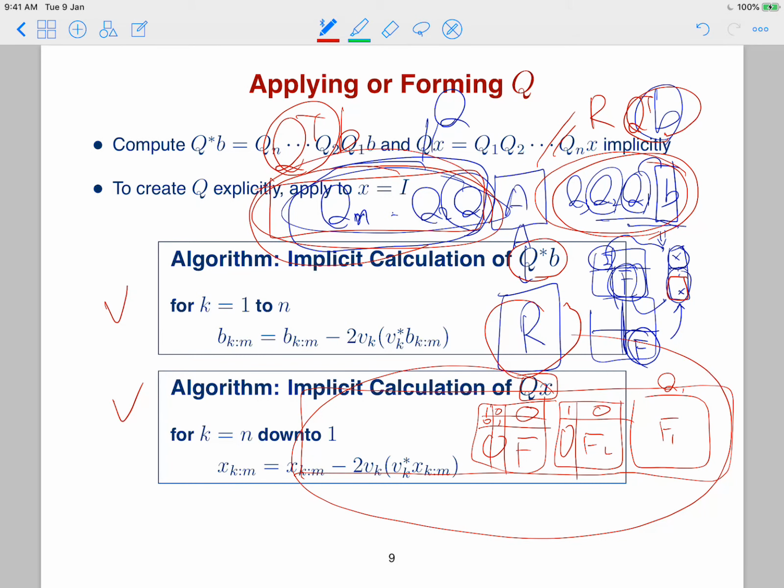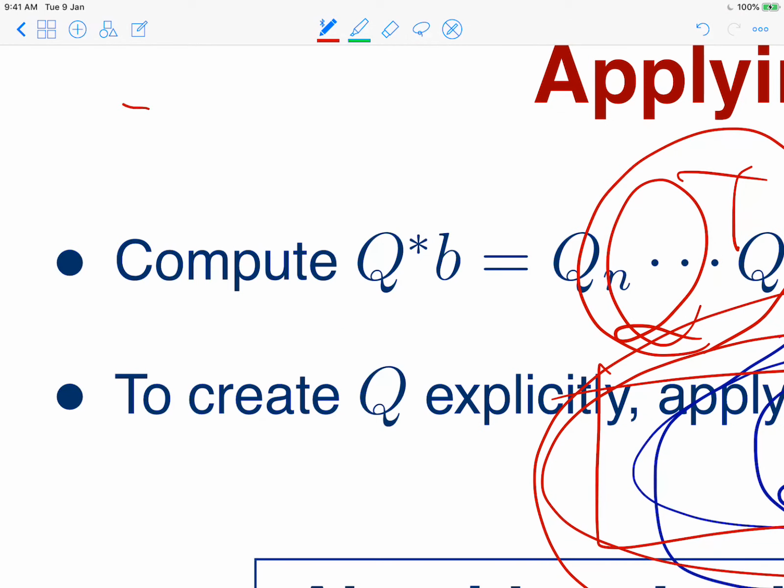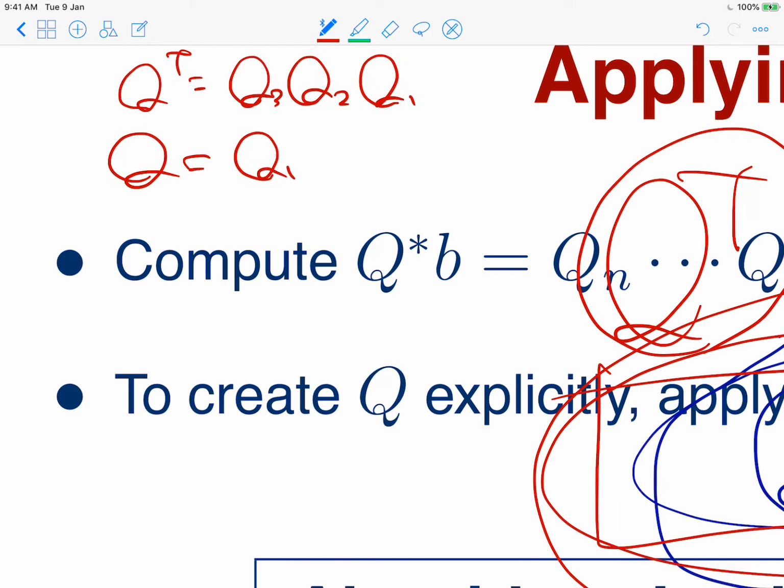Q transpose is maybe Q3, Q2, and Q1, and then Q will be Q1 transpose, Q2 transpose, and Q3 transpose. So when multiplying some vector B, we have to multiply Q3 and Q2 and so on, right?